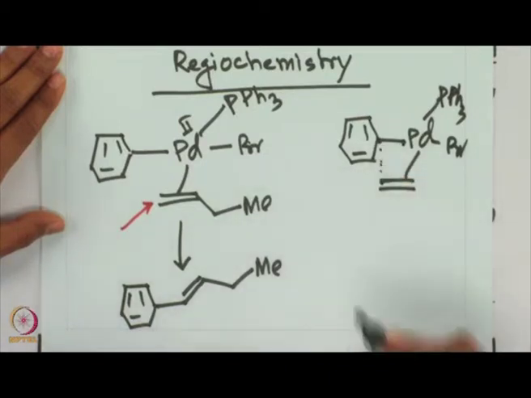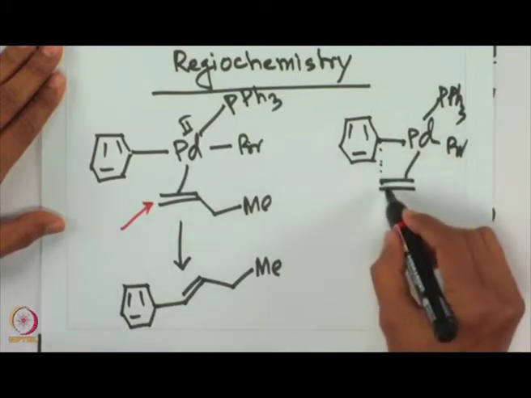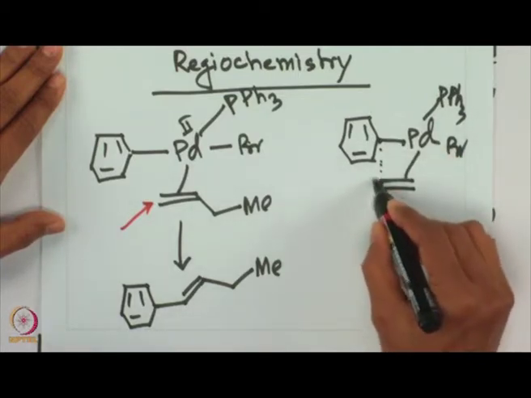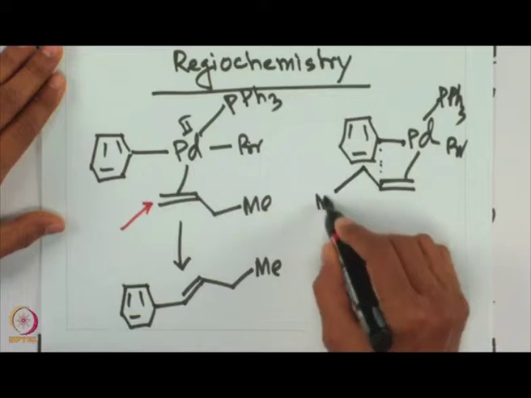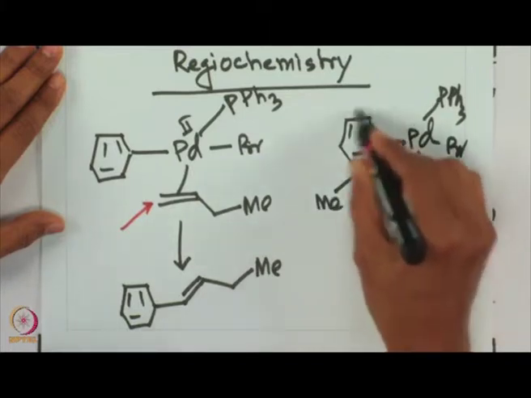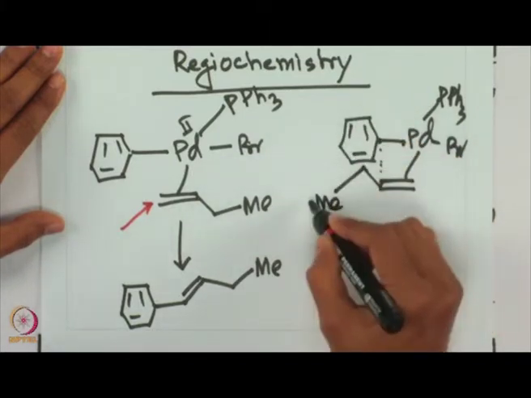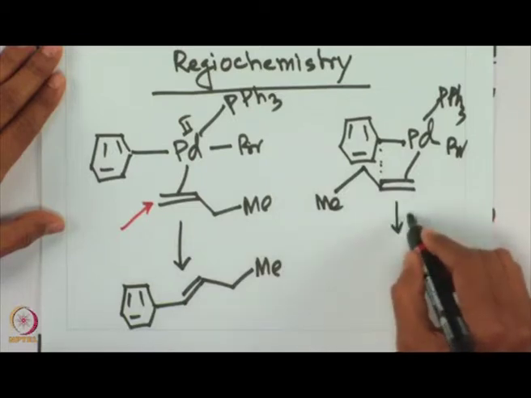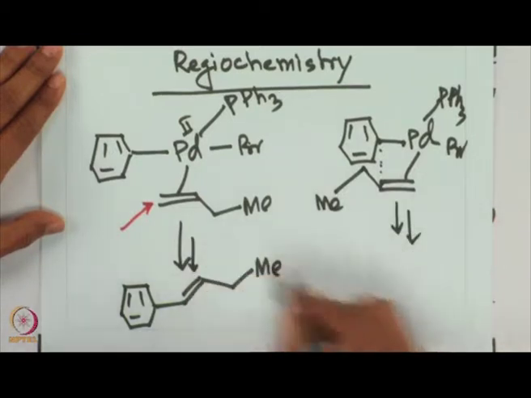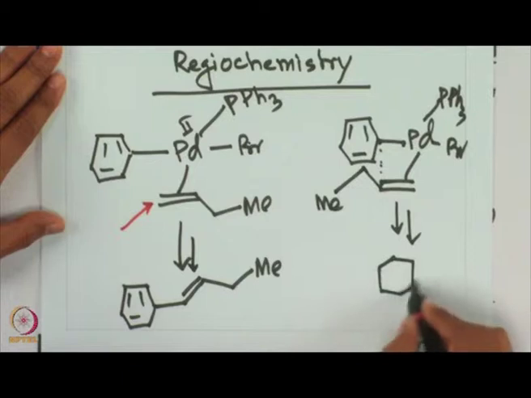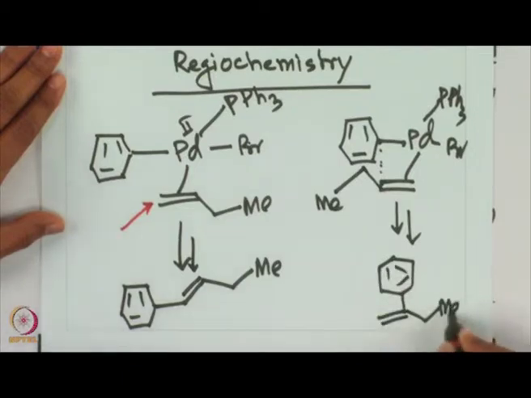Okay, so let us say that is close to each other, and during that orientation, what we see is that this alkyl substituent is bumping into the aryl ring, right, and therefore, we are going to get this product formation, and that is going to be something like this, right.